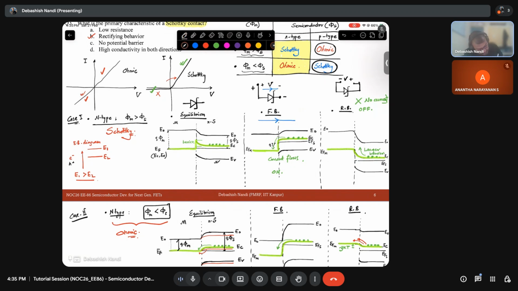Similarly, if I consider holes and E3 and E4, E4 is at a higher energy than E3. The lower line has a higher energy for holes than the upper band.